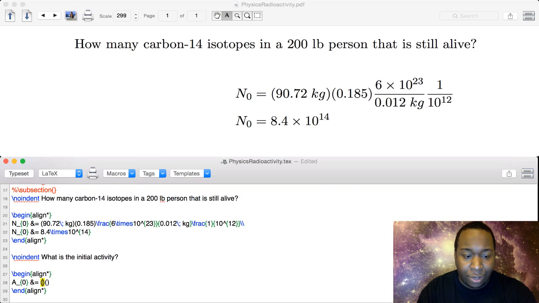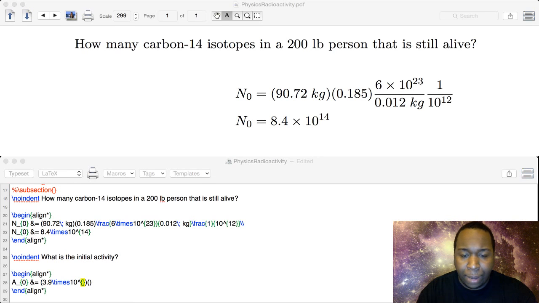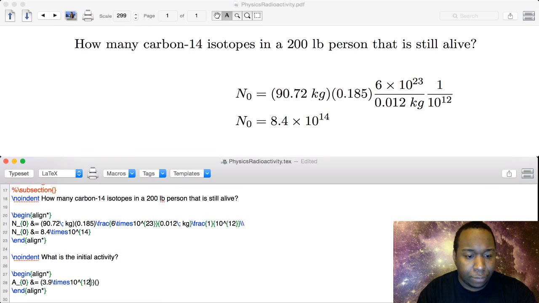The product between our decay constant, which was 3.9 times, I think it was 10 to the negative 12. Let me go back and make sure. Yep, negative 12 per second. And I'll try my best to keep up with the units here. And this is going to be multiplied times the value that we end up getting for N naught, or N sub 0, 8.4 times 10 to the 14.